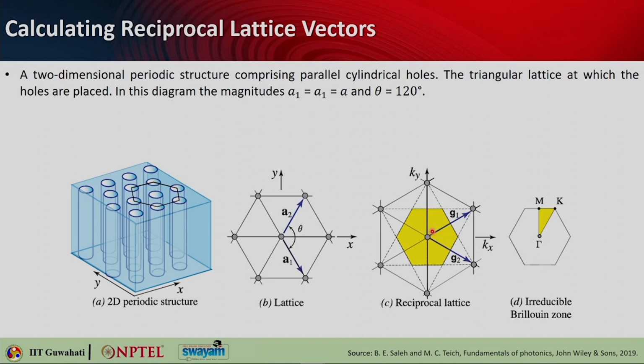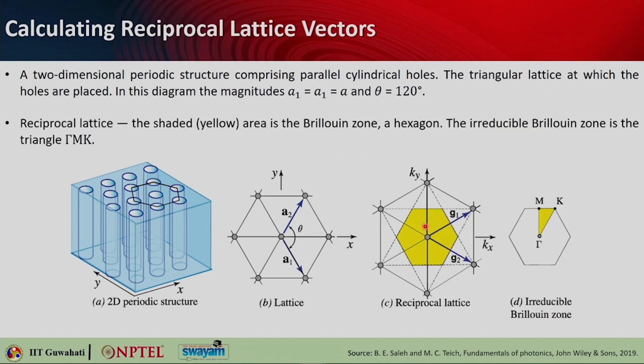Here you will see that only this triangle carries all the information about the Brillouin zone. That is how the irreducible Brillouin zone helps you reduce the computation but still gives you the same amount of information.